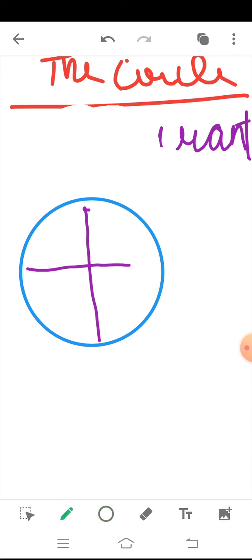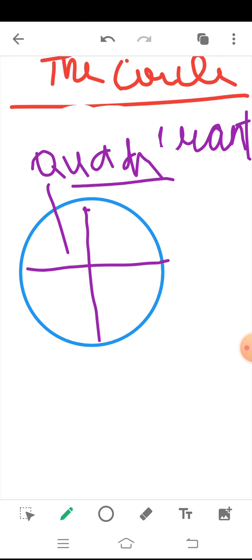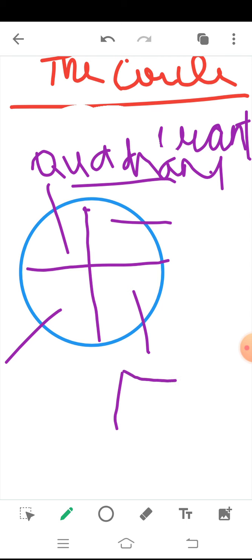So this part is known as a quadrant. For the definition, I am giving you: the perpendicular diameters of a circle divide it into 4 equal parts. Each part is called the quadrant of a circle. Each quadrant of a circle is equal in area. So this is also a quadrant, this is also a quadrant, and this is also a quadrant. This is known as a quadrant.